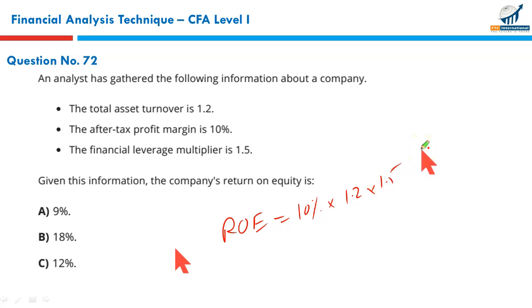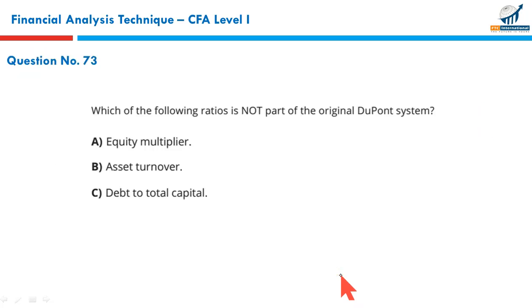So it's 0.1, 10% times 1.2 times 1.5. It's 0.18 or 18%. B. Which of the following ratios is not a part of the original DuPont system? Equity multiplier is, assets turnover is, debt to total assets is not. C is not.